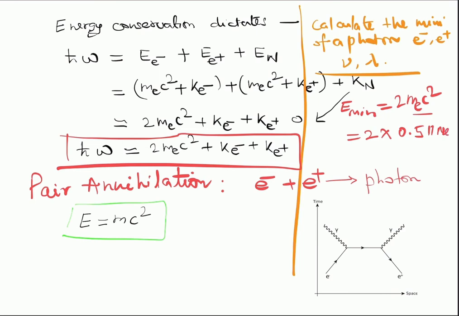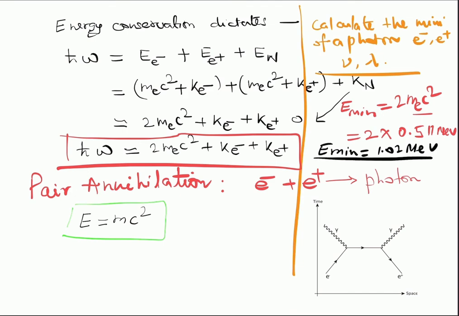0.511 million electron volt. Friends, sometimes it is asked in competitive examinations what is the rest mass energy of the electron or positron in million electron volt. So this is a very important value. We must remember it always. So this gives E minimum equal to 1.02 million electron volt.